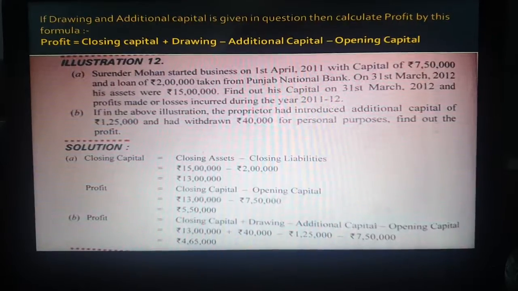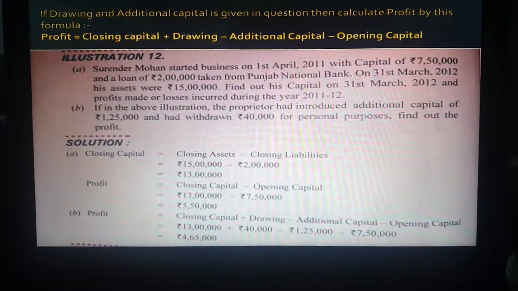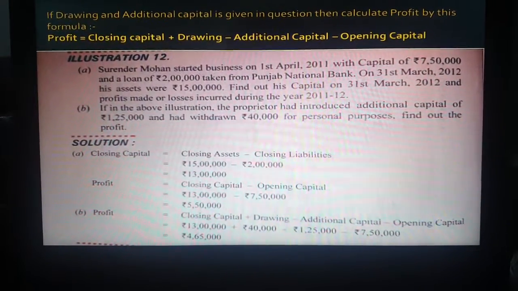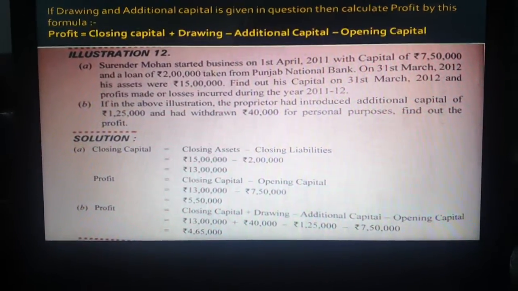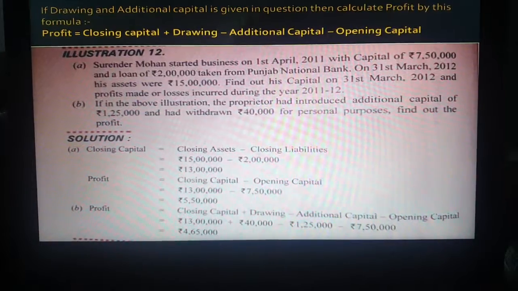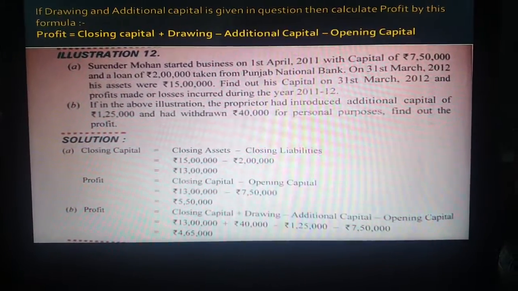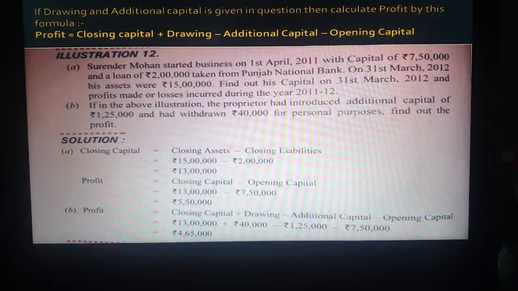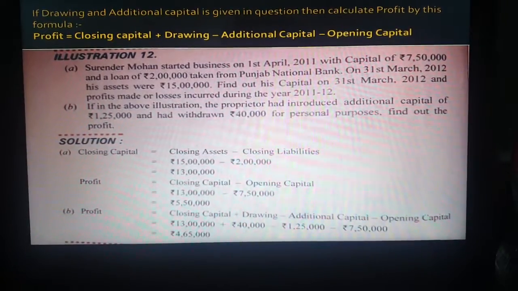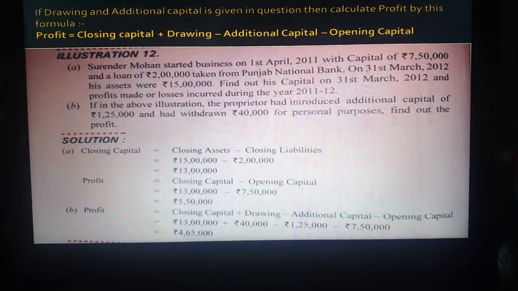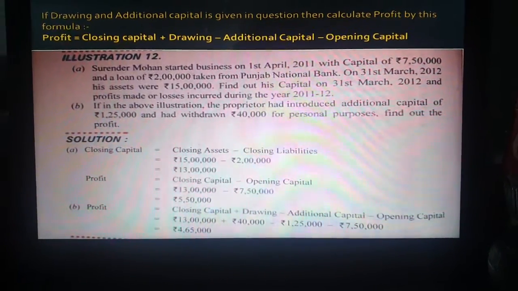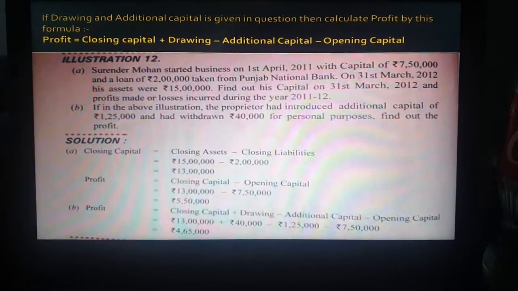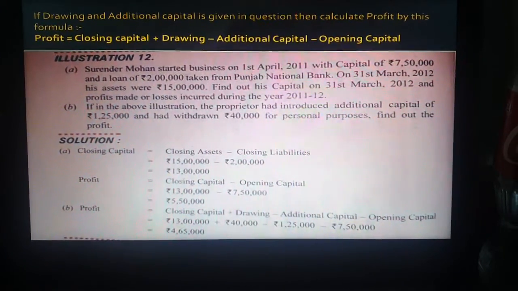If these two pieces of information are given, then your formula of profit is closing capital plus drawing minus additional capital minus opening capital. So instead of closing capital minus opening capital, you have to use this formula when drawing and additional capital are given in the question.